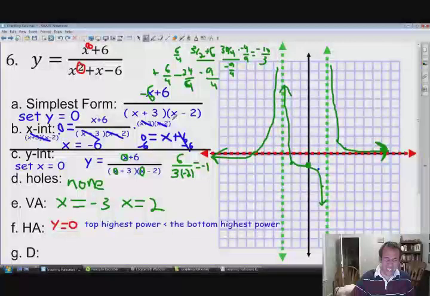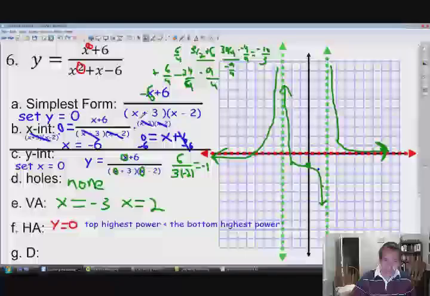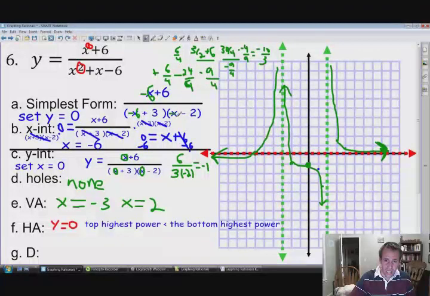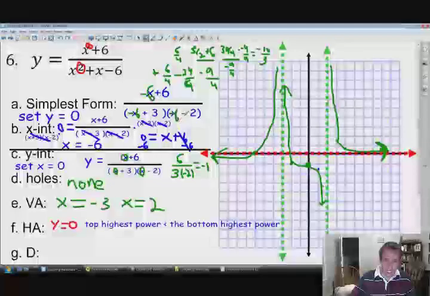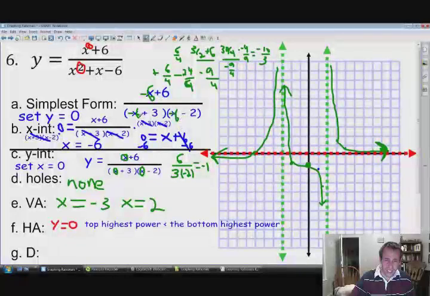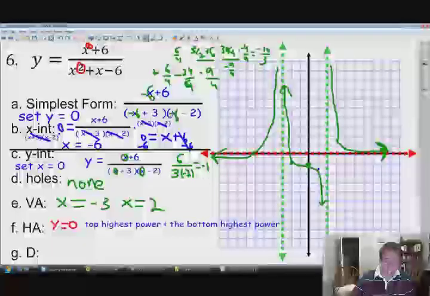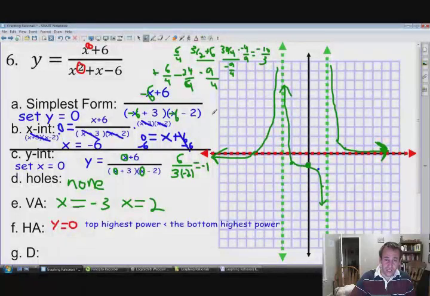What is that? -6 plus 3 is -3, and -8 times -3 is a positive 24.